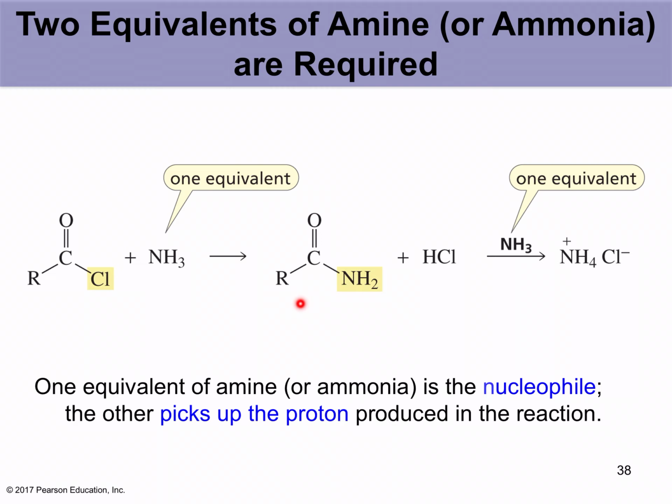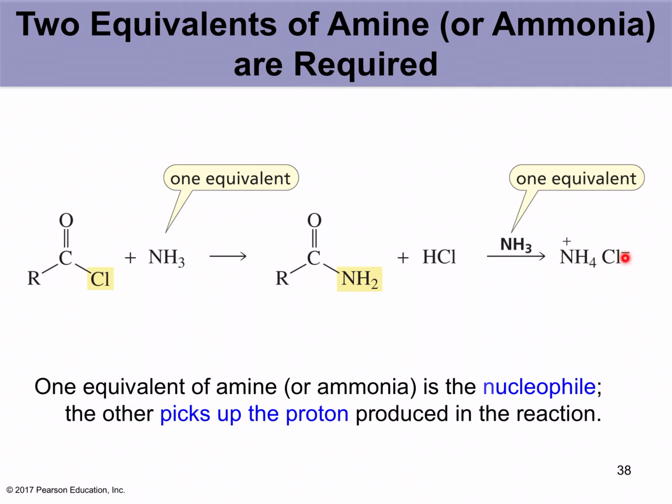Now, with HCl and amine, another equivalent of ammonia is needed. The hydrochloric acid will protonate the ammonia and form an ammonium chloride salt.